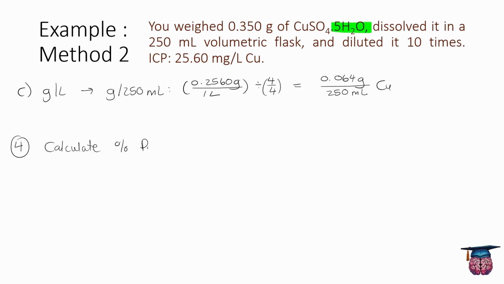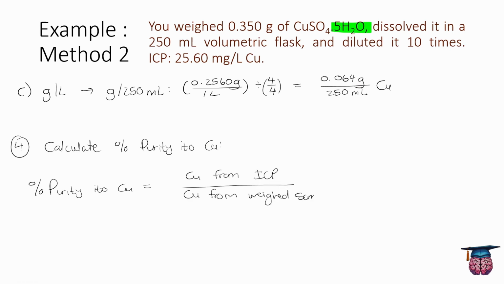Finally, we can go and calculate our percentage purity from everything that we got in the previous steps. So the percentage purity in terms of copper is then again our copper from our ICP divided by our copper from our weighed sample multiplied by 100.